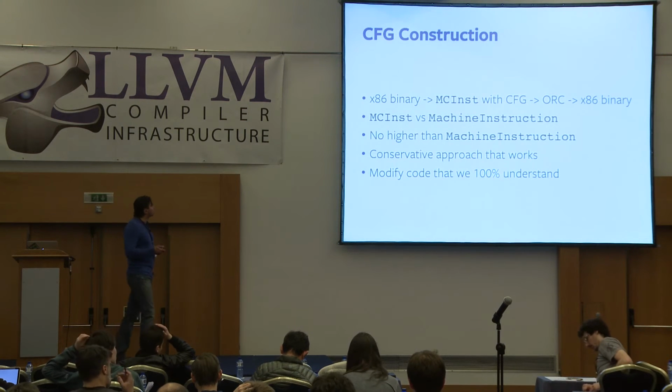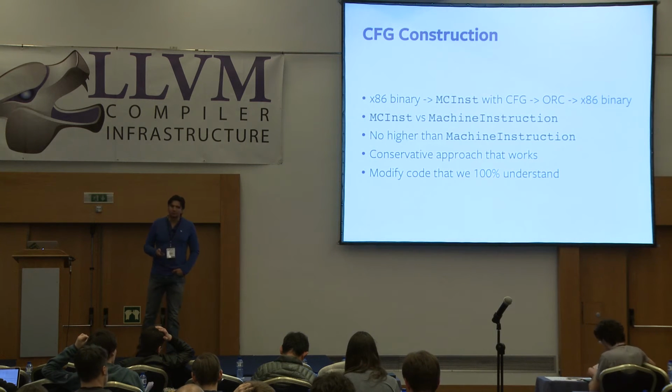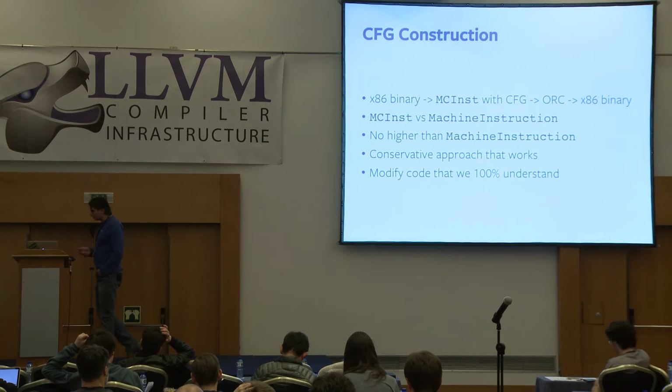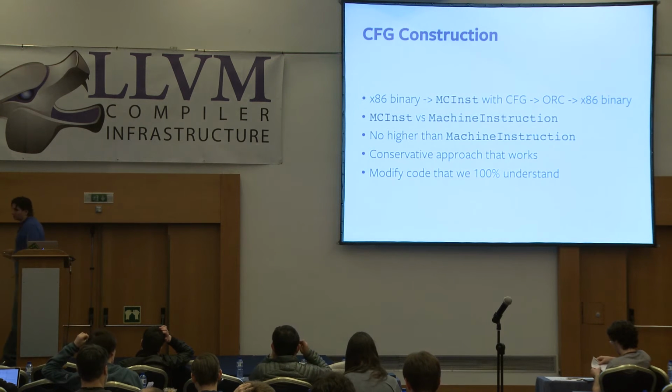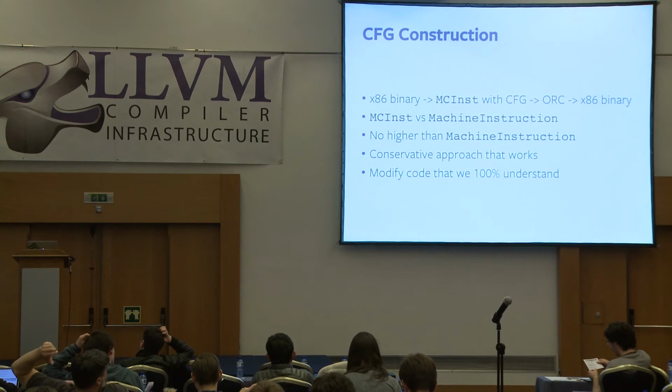But this step of raising from machine code to MachineInstr is feasible, but will require some time for implementation. So it's still possible we may do it in the future. Right now, we don't. So we build our own control flow graph, we build our own function which uses MCInst as a set of instructions.